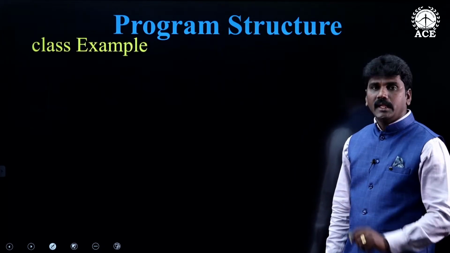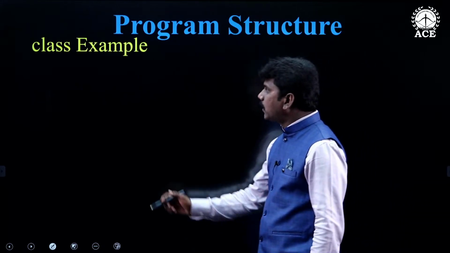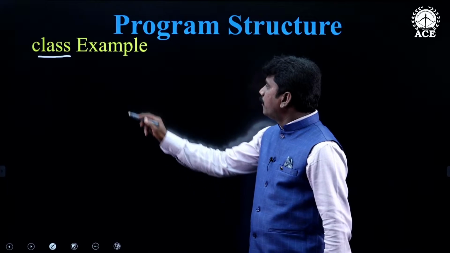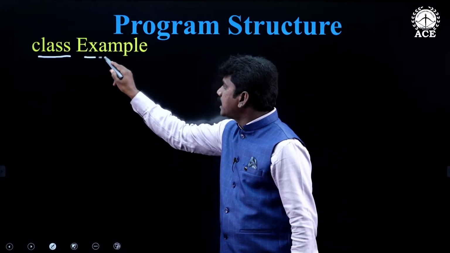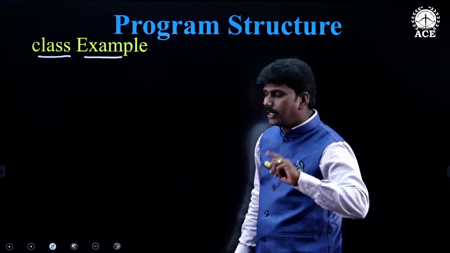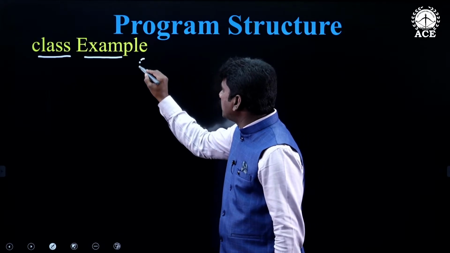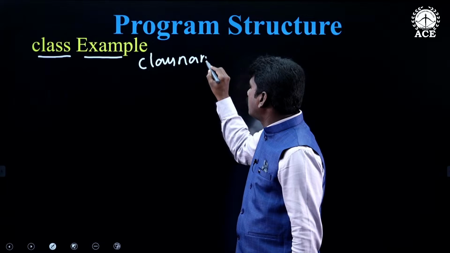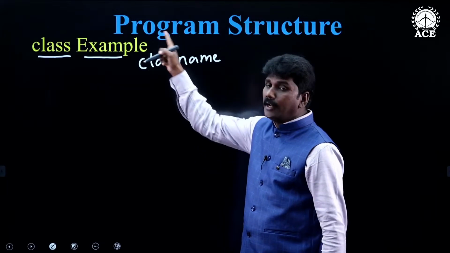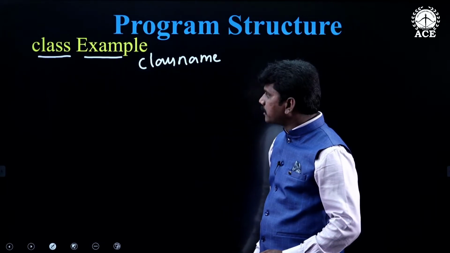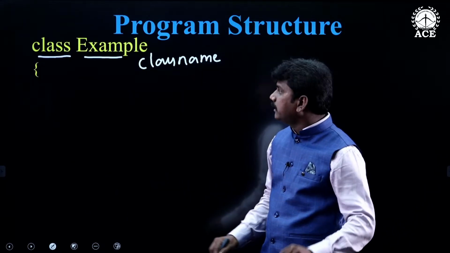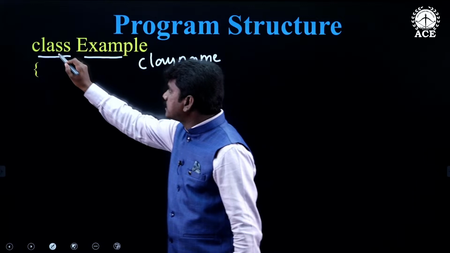The first one contains one keyword called class, and after that we have taken one name, Example here. Actually, this Example is nothing but the name of the class, and after that we have to use an opening brace. What is the first one? Class. Class is the keyword.